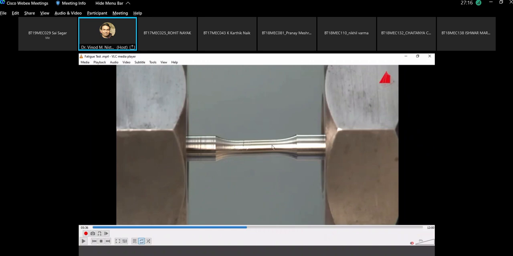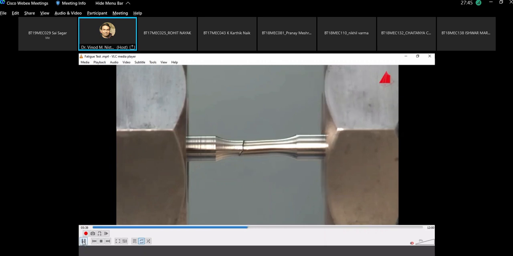There, a tensile load was given, and the cross section of the specimen was reducing and necking was there. But for fatigue testing, we have applied the cyclic load, and the crack is initiated at the surface of the specimen, and it propagates.